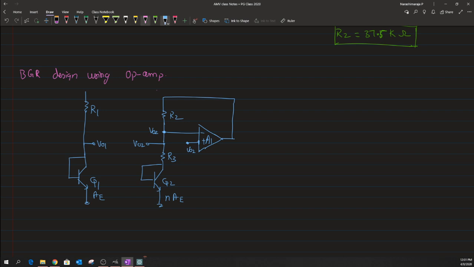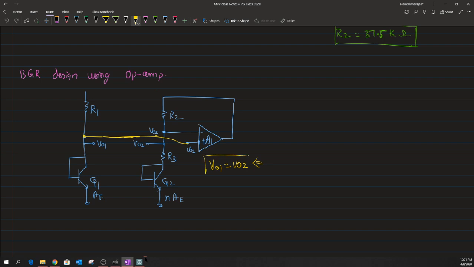So what we can do is connect this node, which we want to be equal to VO2. Okay, so the combination of this will ensure that the value of VO1 is exactly equal to VO2.